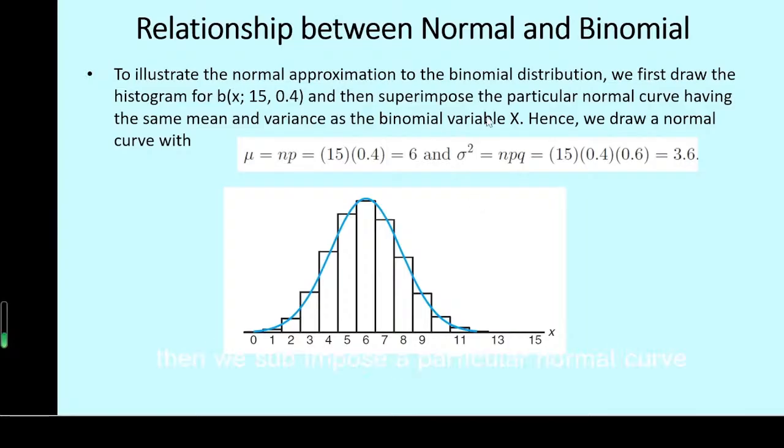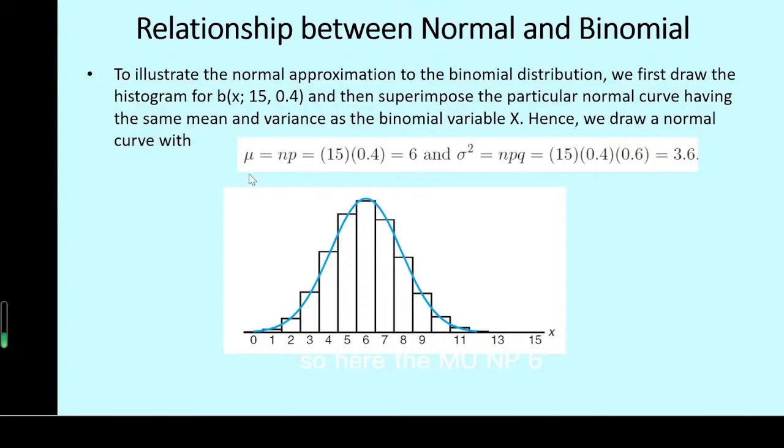Then we superimpose a particular normal curve, which is the approximating normal curve with the same mean and variance, on this histogram. You can see the shape of this discrete histogram and this continuous normal curve match quite well, right?